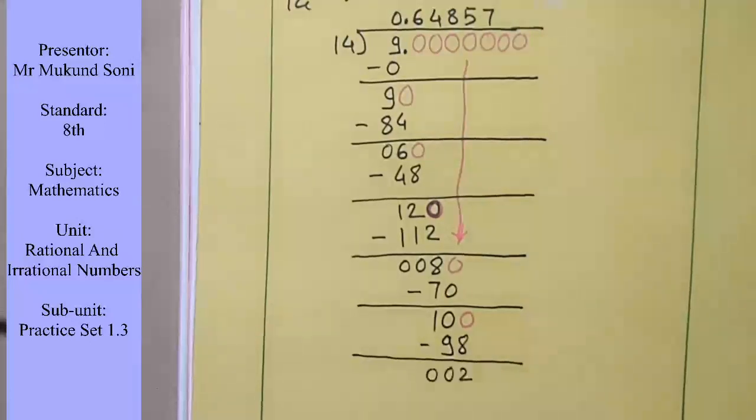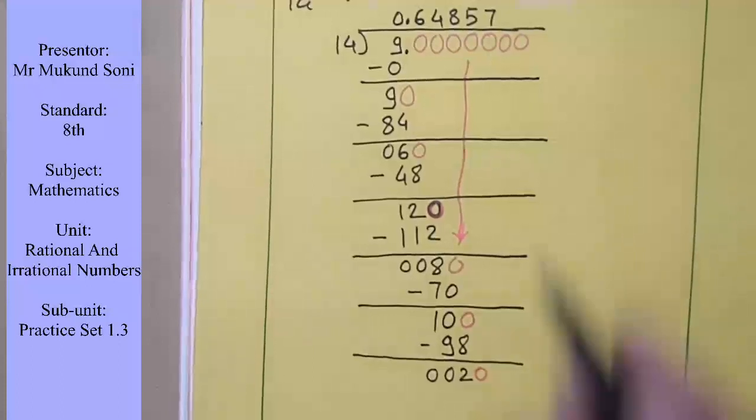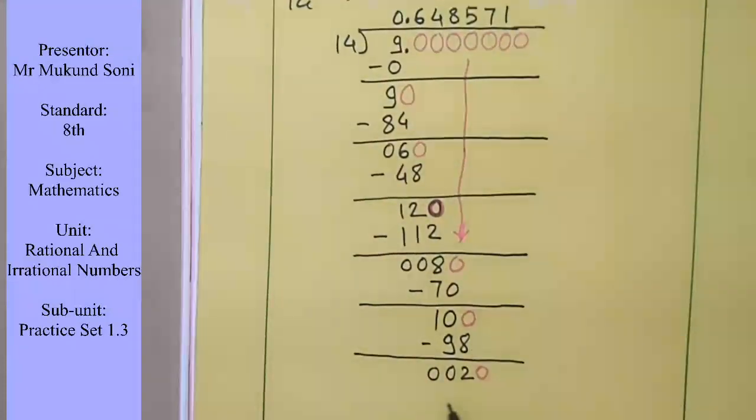Take the next 0. Now after having this next 0, what are you going to do? Again think in the table. 14 is the only number which is less than 20, so 14 ones are 14, and the subtraction answer will be 6.